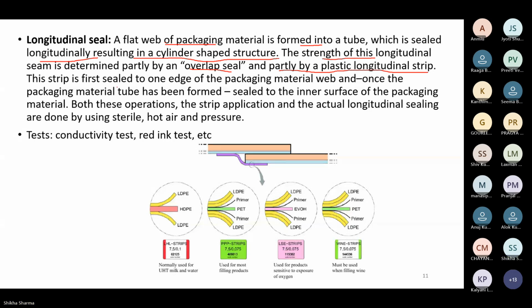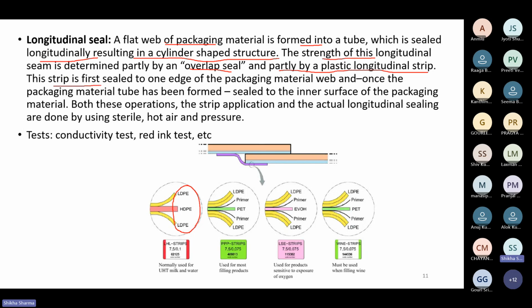When it is being sealed, as in these pictures, we have LDPE and similar packaging materials, and it also depends on how well the plastic strip is attached, how well it is sealed.